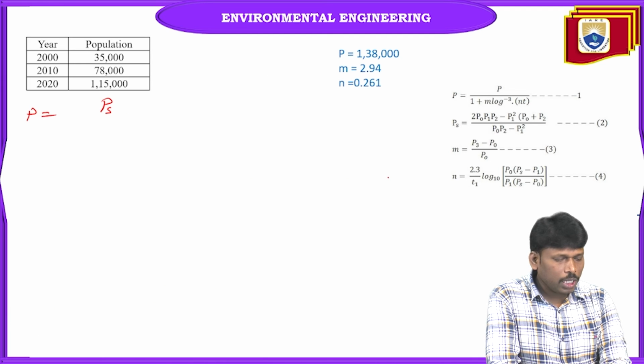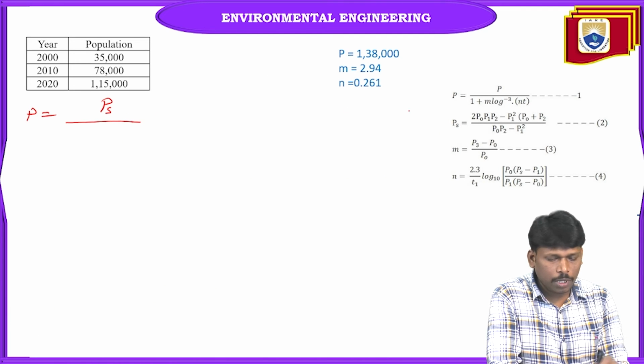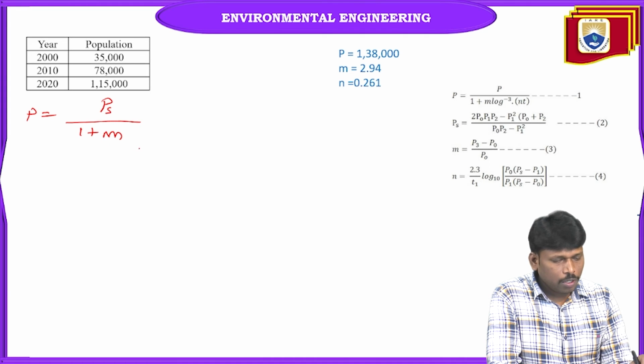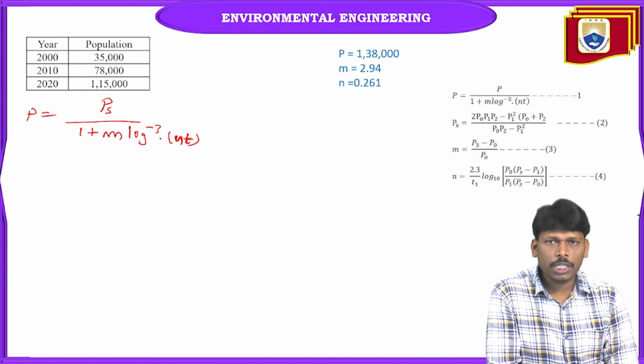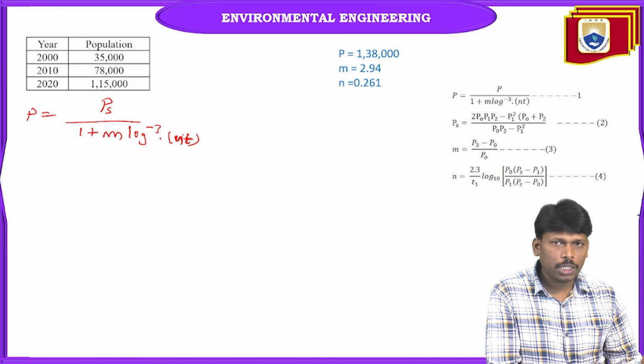Now in order to calculate the population at saturation, you can write PS is equal to 1 plus M e to the power minus NT, where N is nothing but the maximum population that can be accommodated by the city, whereas T is nothing but the time period.